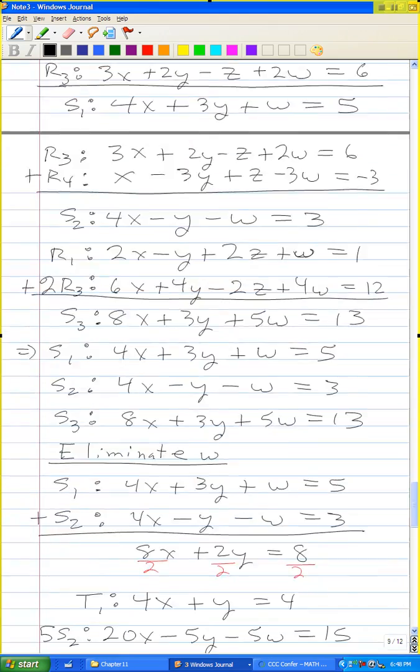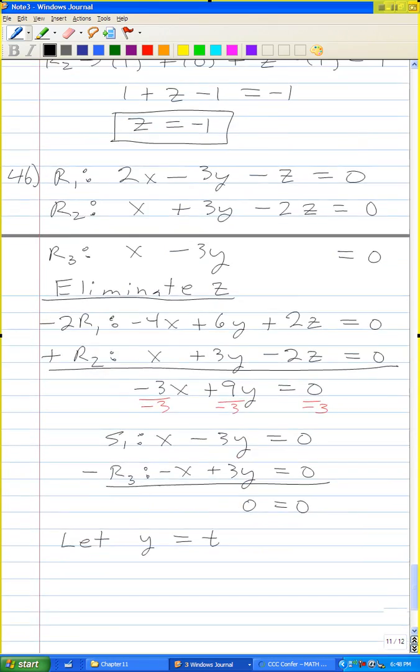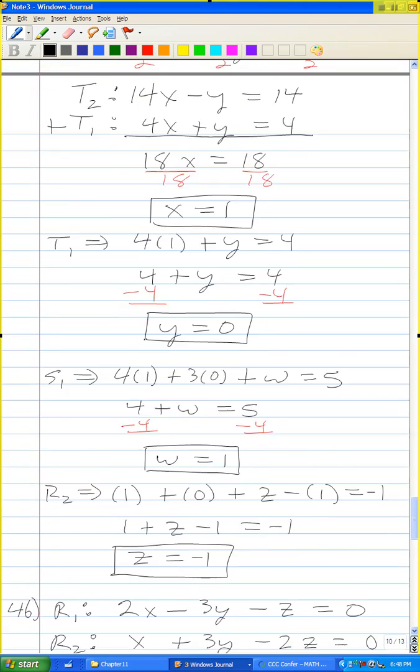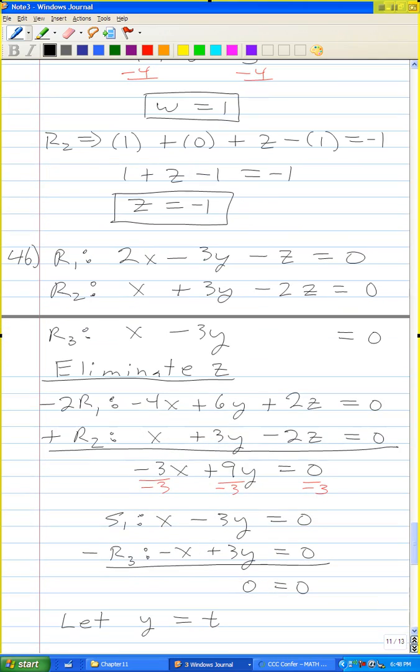I see, I didn't do the homogeneous part. By the way, I forgot to tell you, since the right-hand side of this equation is 0, these are called homogeneous equations. So in exercises 34 through 50, solve the homogeneous system of equations.